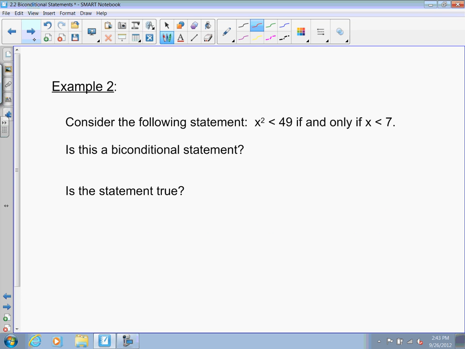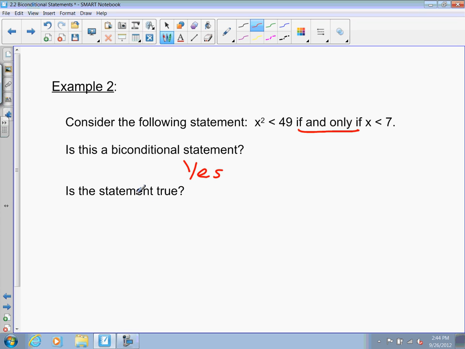Okay, one last example here. Consider the following statement: x squared is less than 49 if and only if x is less than 7. Is this a biconditional statement? That's the first question. If and only if. So yes, it is a biconditional statement.